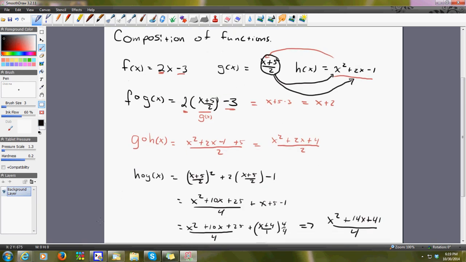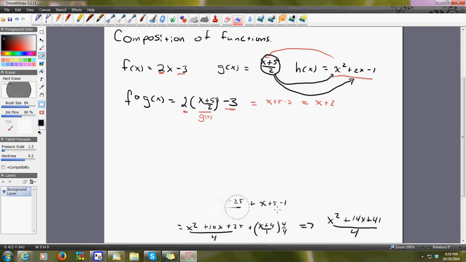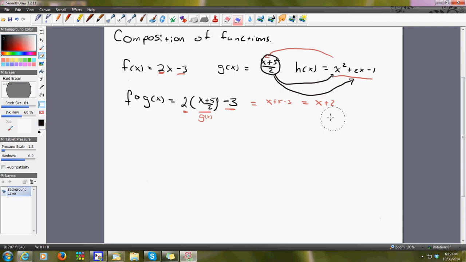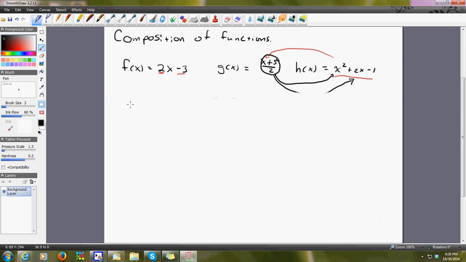I'm going to do one last example because there is something I want to show you. What if I had a value? I'm going to use f, g, and h again, and I'll do a big one: f of g of h of 2.